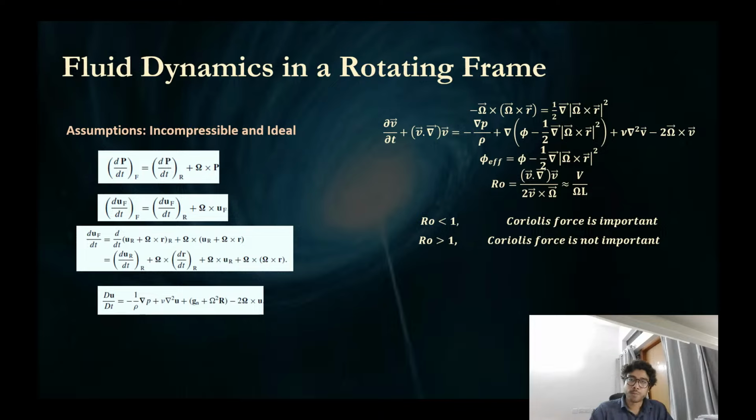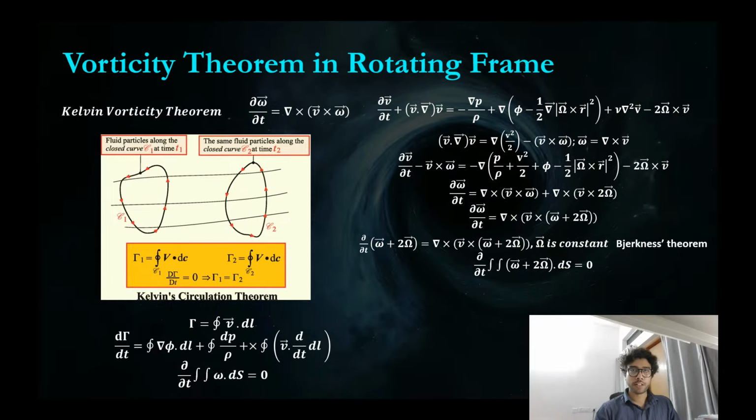So in cases where the Coriolis force is important, that is Rossby number less than 1, we would expect the system to have lower turbulence, lower instabilities. Okay. So that is all about fluid dynamics in a rotating frame.